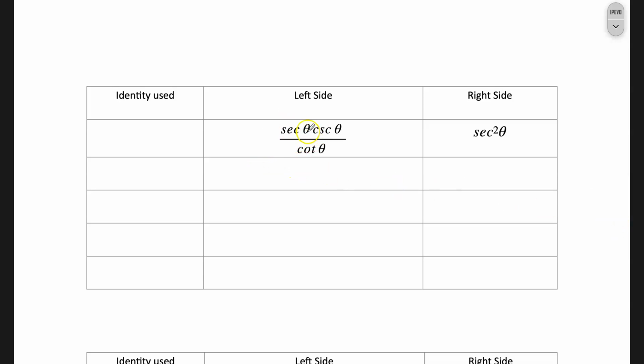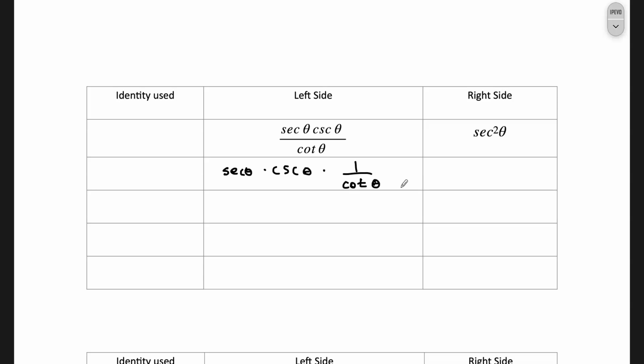Okay, so let's start this out by first erasing this arrow, and second, just choosing one of those steps. So I'm going to choose to do the least complicated one and break up everything into separate functions. I'm going to rewrite this as secant theta times cosecant theta times 1 over cotangent theta.